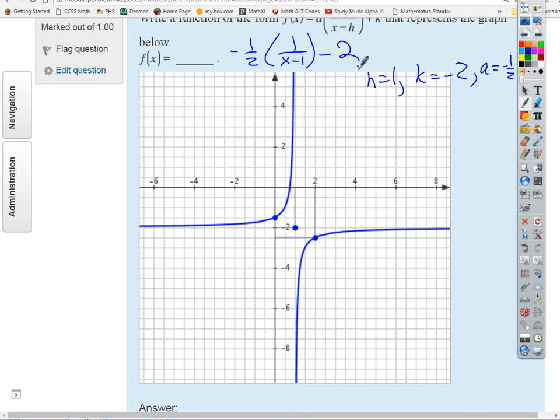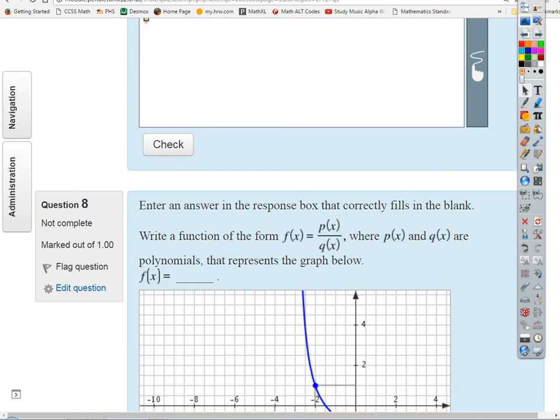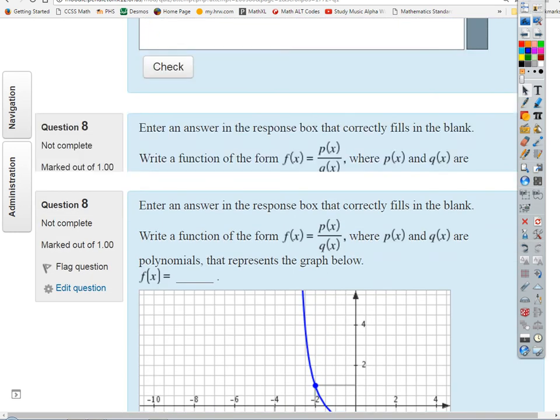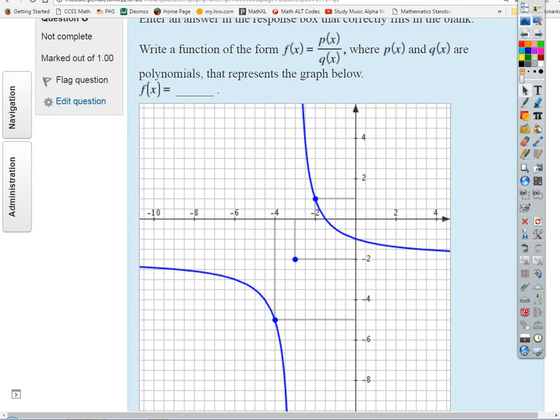Okay, and then I had you do one also, and once again, this is a little harder than the book assignment, but I had you do one, I think, yeah, where you've got to write one. So you've got to do the same thing, only this time you have to write it as a rational function. So let's just take that last result we had. How would we take that result and write it in the form of a rational function instead of writing it in form of a transformation of an inverse function?